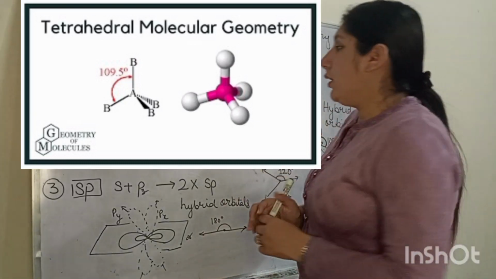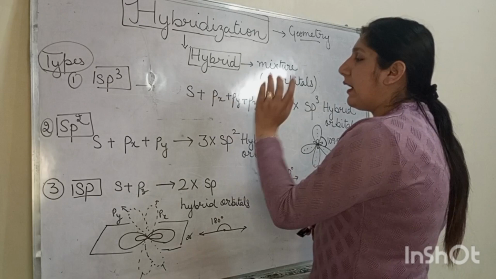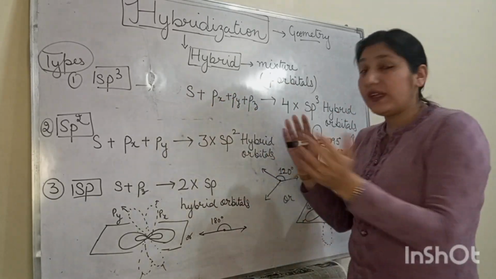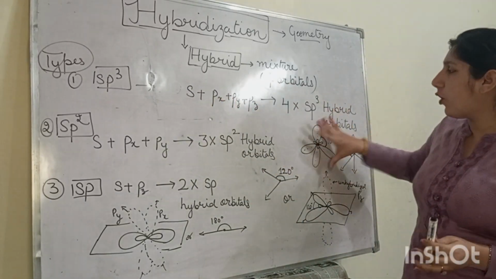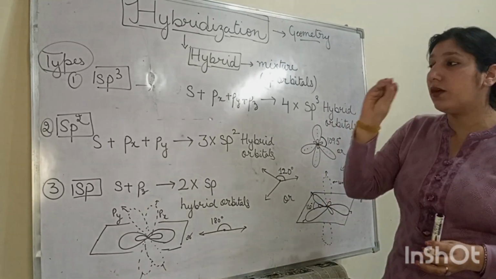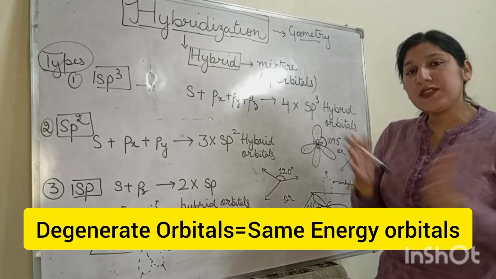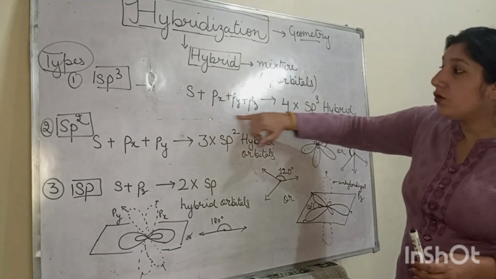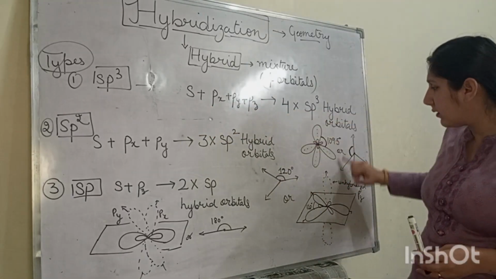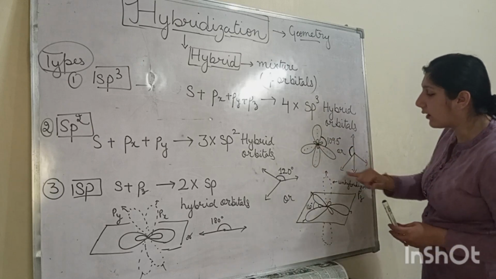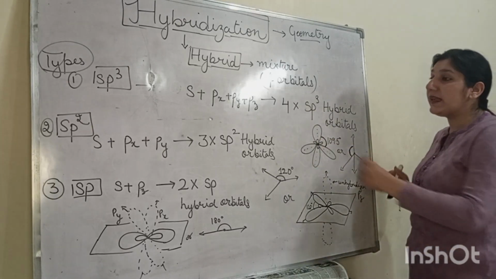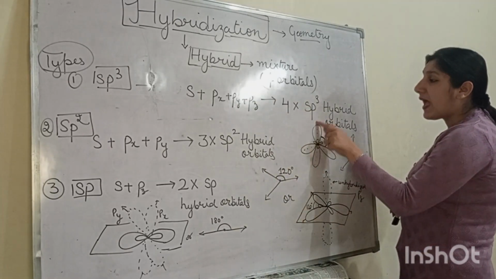So initially the orbitals are s orbital, p orbital, but after the combination, all the four orbitals have same energy. They are degenerate orbitals. Degenerate orbital means that they have same energy. Here they are non-degenerate orbitals, but after hybridization, they become degenerate orbitals and their name changes to sp3 hybrid orbitals.